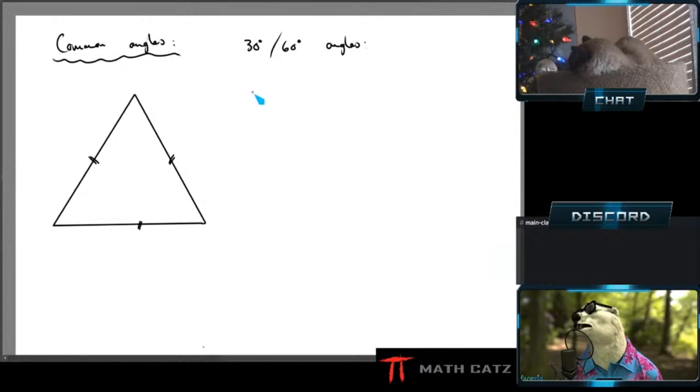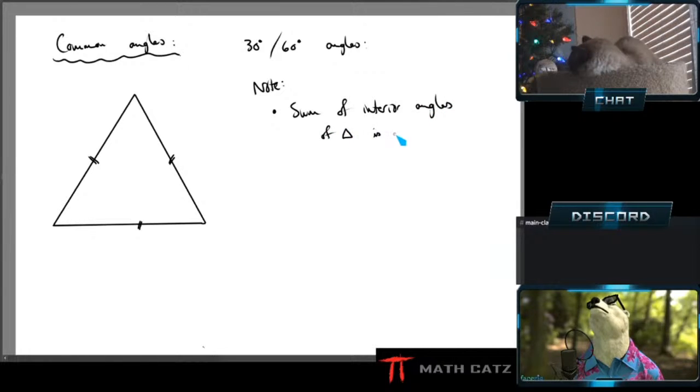One thing I want to note that we have mentioned before: the sum of the interior angles of a triangle is 180 degrees. Now, a property of the equilateral triangle, which is a regular polygon, is that everything is the same. All the side lengths are the same. All the interior angles are the same.